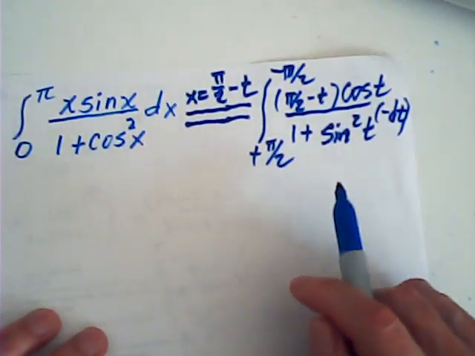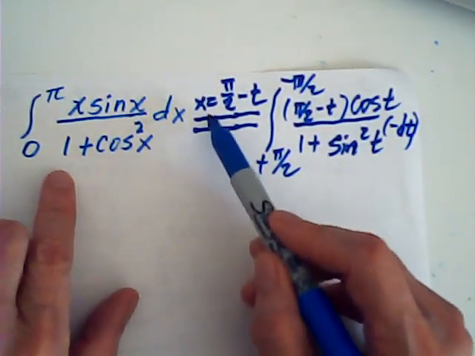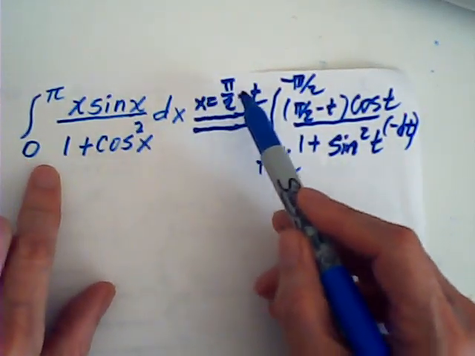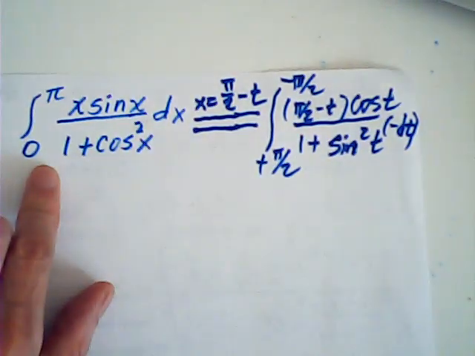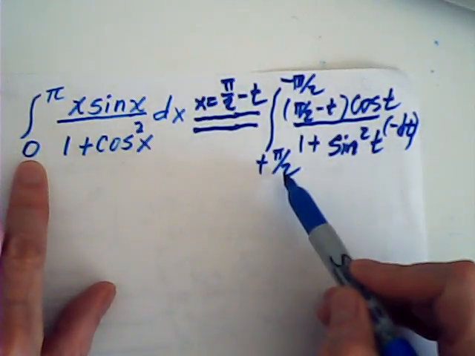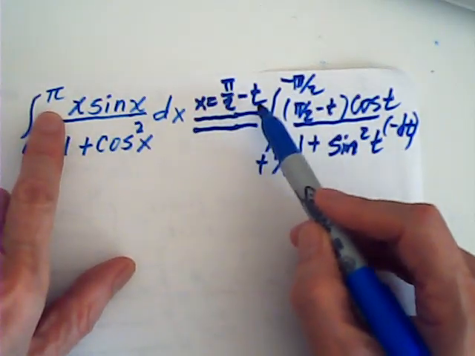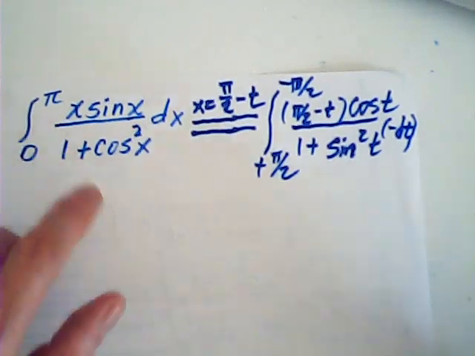I hope everything is clear, and let me repeat again. We let x be half pi minus t. Therefore, when x is 0, t is half pi. When x is pi, t is negative half pi.